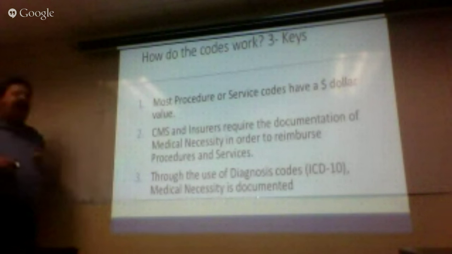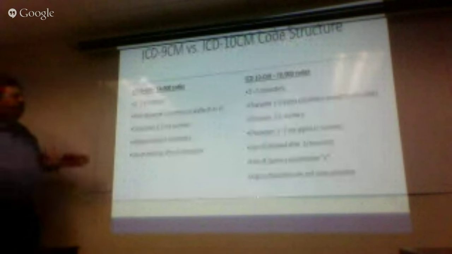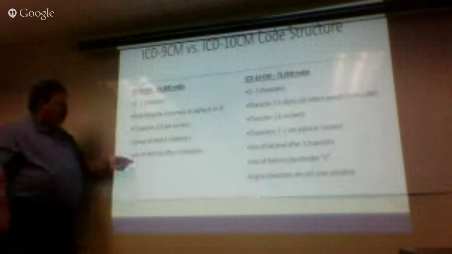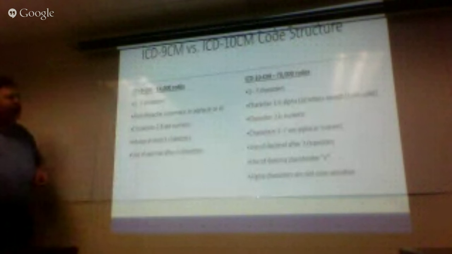That makes reimbursement. ICD-9 is 3 to 5 characters, alpha, 2 to 5, must have at least 3 characters, decimal point after 3. ICD-10, same kind of a physical structure. That's where all the problem is. Right? Just throw this in here as a reference point later on so you can impress people.